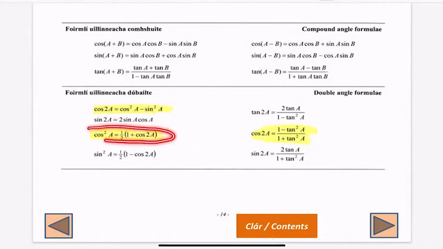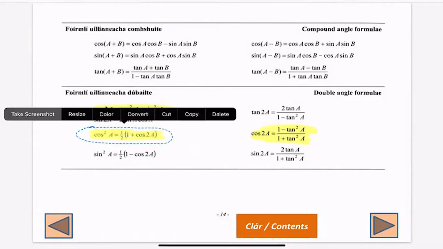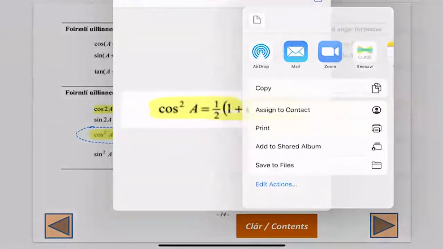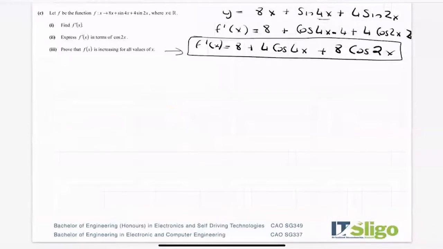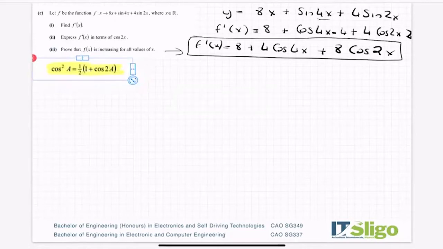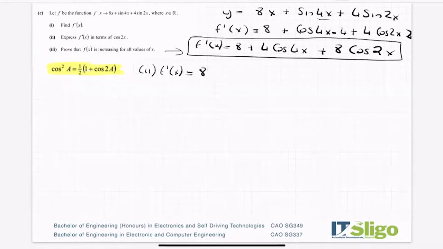So let's see, can we play with this one? So this is part 2 now. f dash of x would still be equal to 8, and I need an expression for cos 4x.